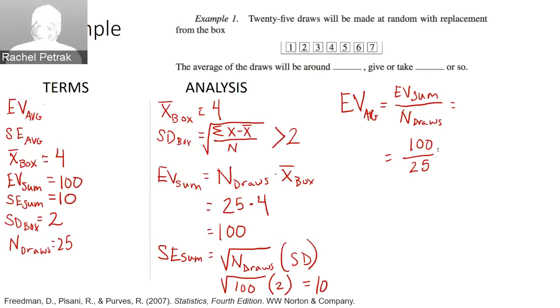So this is 4, but we need the give or take piece.